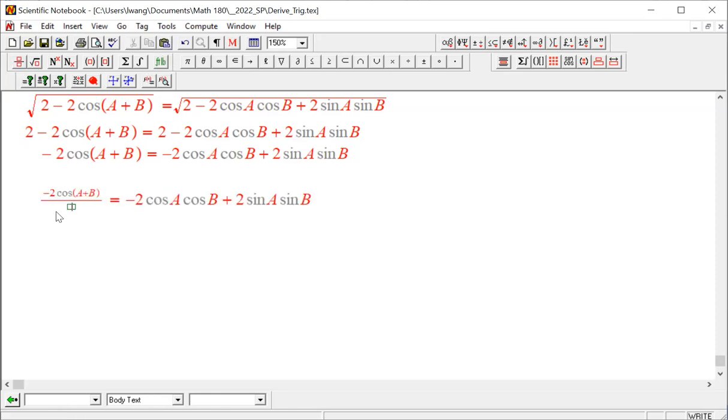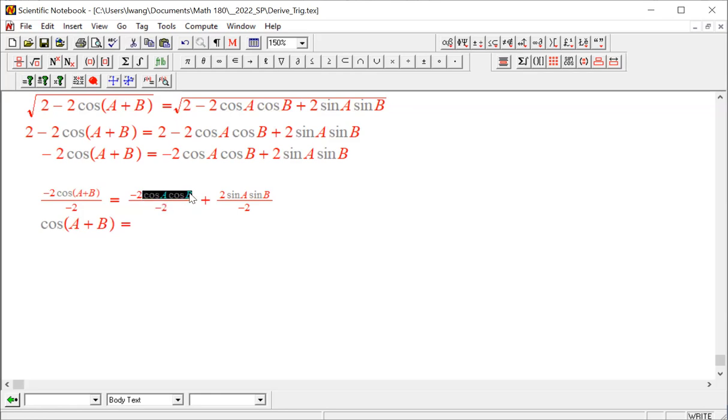So this piece, we divide by negative 2. That piece, we divide by negative 2. And the last piece, we divide by negative 2, right? Principle number 4. And on the left-hand side, negative 2 reduced. So we're going to have cosine of A plus B. And that would equal the right-hand side, negative 2 divided by negative 2, that makes 1.